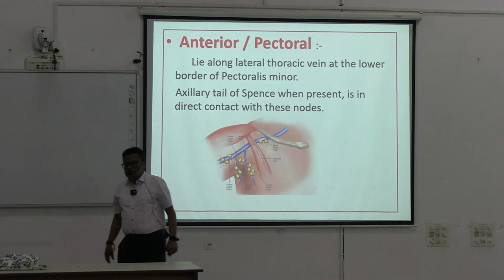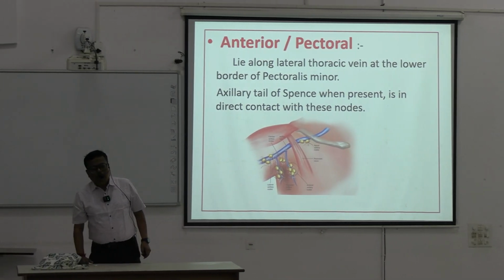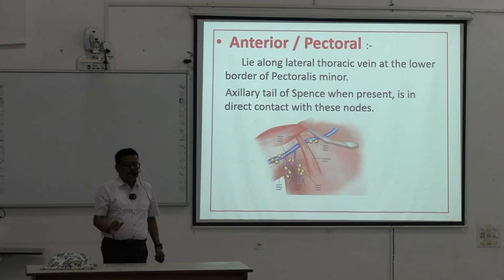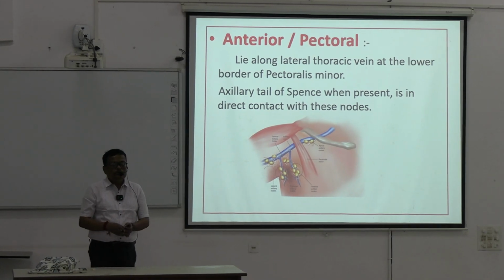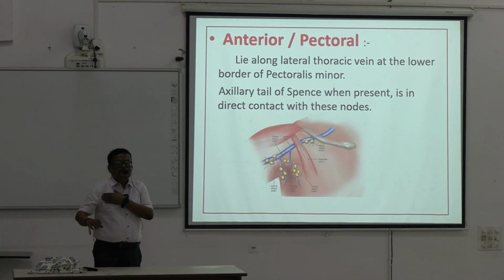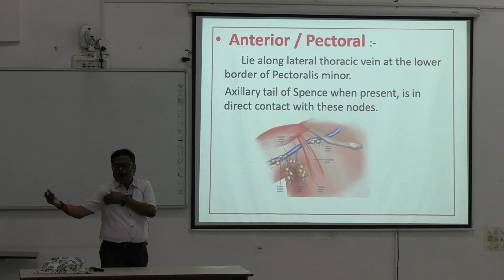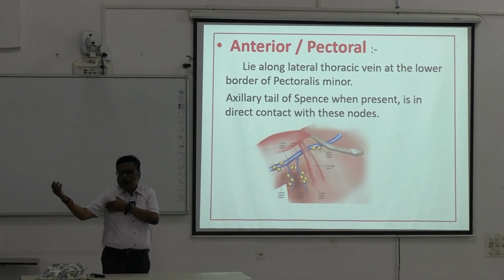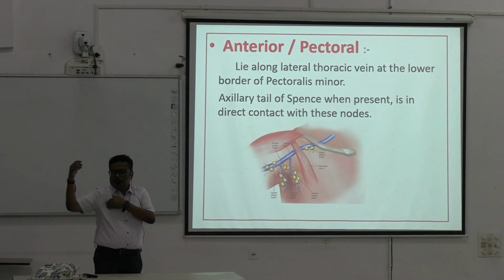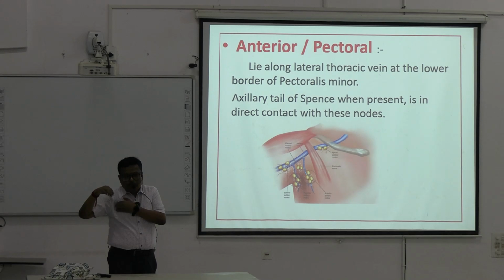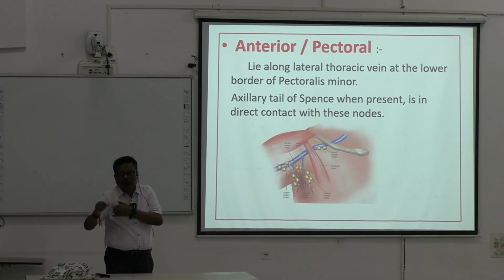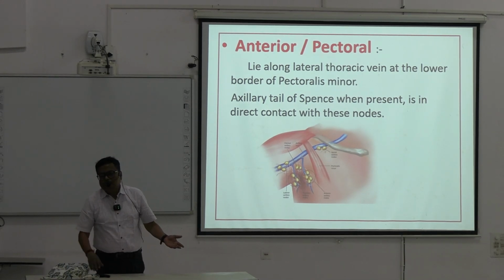So when we search for the anterior group of lymph nodes for surgical intervention, we cut a nick here in the anterior wall, we search for the lower border of the pectoralis minor, search for the vein, and you will find the nodes.